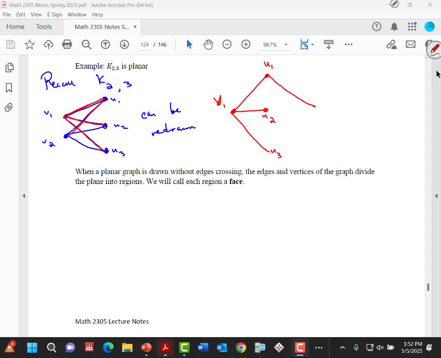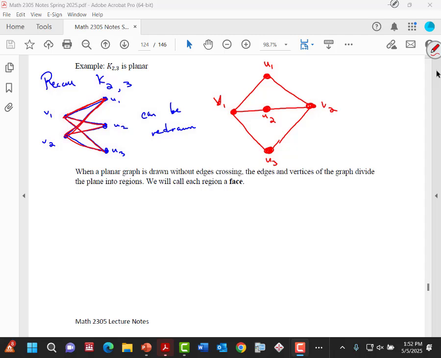So let's connect him over here to V2. Well, who is V2 connected to? V2 is connected to U1, U2, and U3. So let's connect V2 to U1, U2, and U3. And my claim is this is the graph of K2,3.